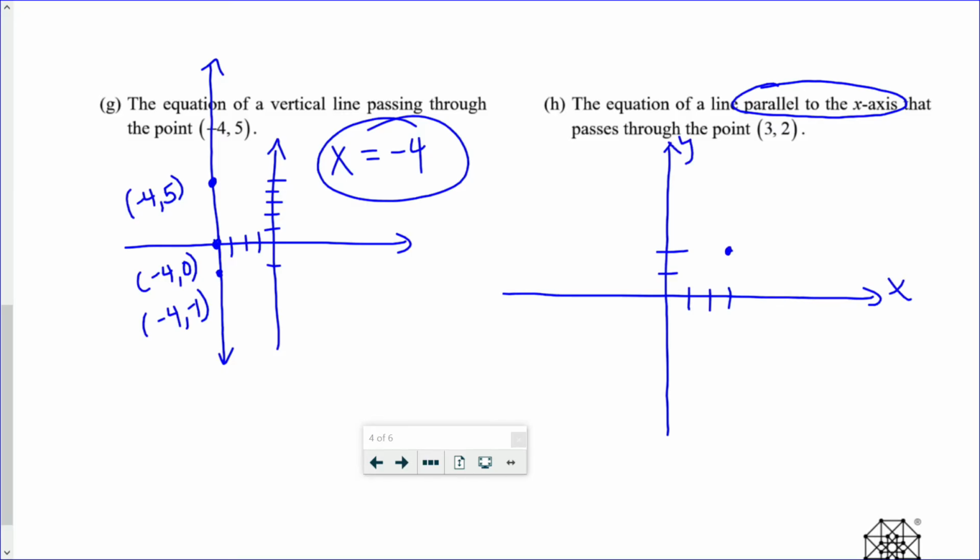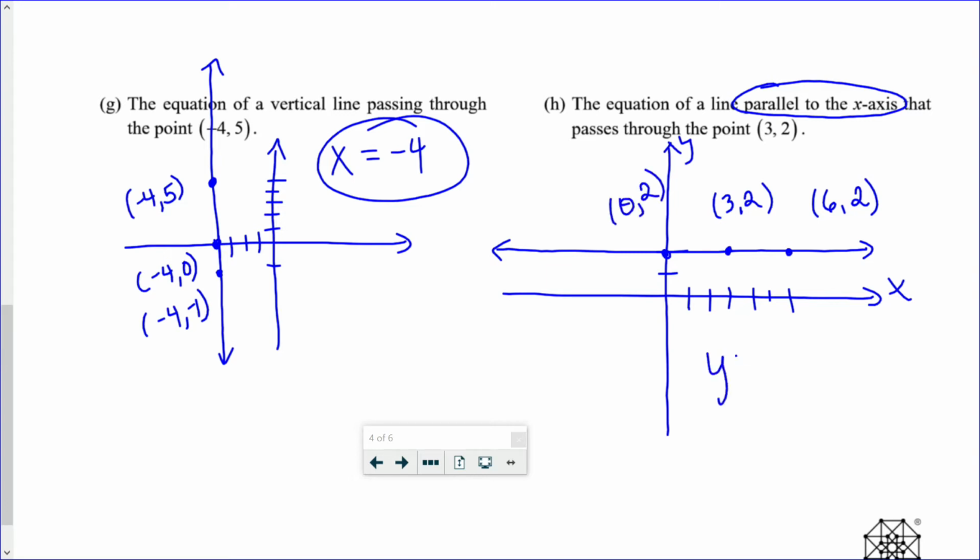I'm parallel with the x-axis, so I need to be going in the same direction and the same distance. So this is my point (3, 2). Maybe I'd go out here and say, well, that's the point (6, 2). Maybe I'd take this point, that's (0, 2), right? And that means y must equal 2.